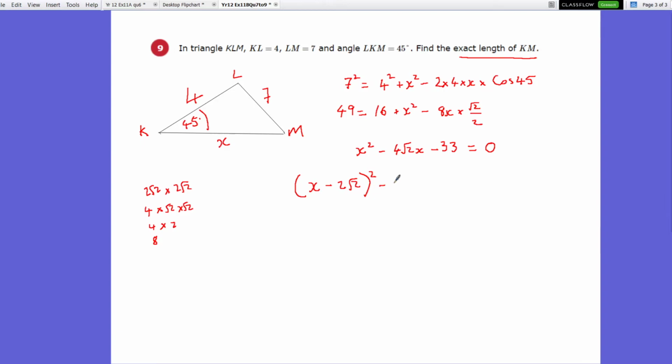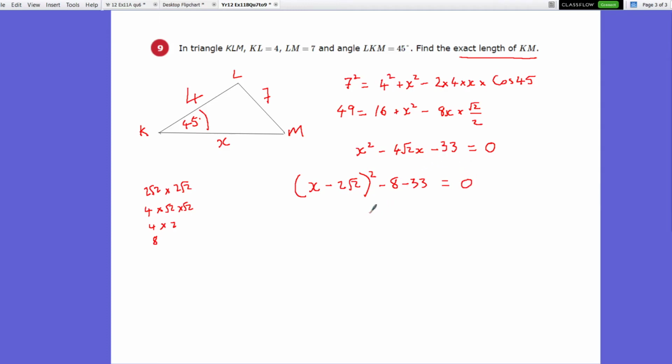So I need to take off 8. And we already had minus 33 at the end. So what I've done is put the x in that corner, halved this and put it here, and then squared 2 root 2, which gives 8. I'm taking that off because it gives me something extra. And that's all going to equal 0.